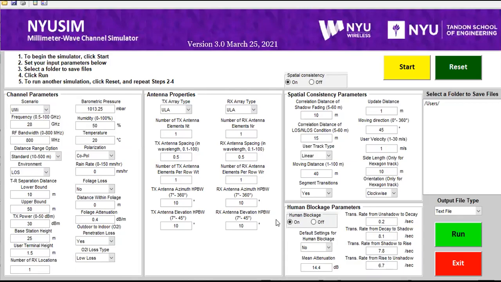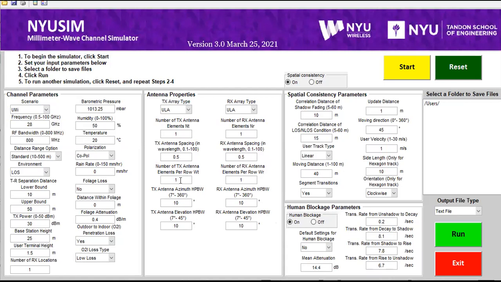This part is not too important for us because we did not discuss the antenna operations. The number of antenna elements, you can see it, and the spacing between the antenna elements. Number of TX antenna elements per row.